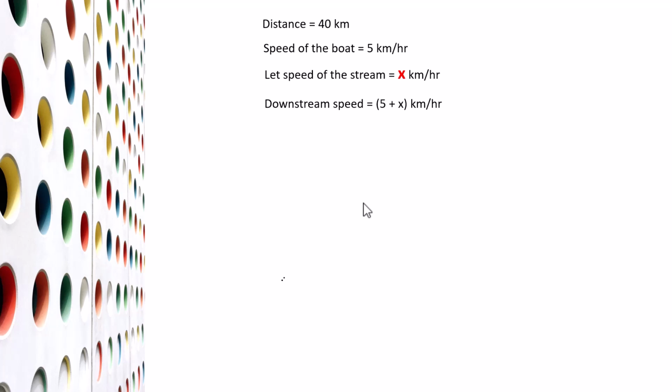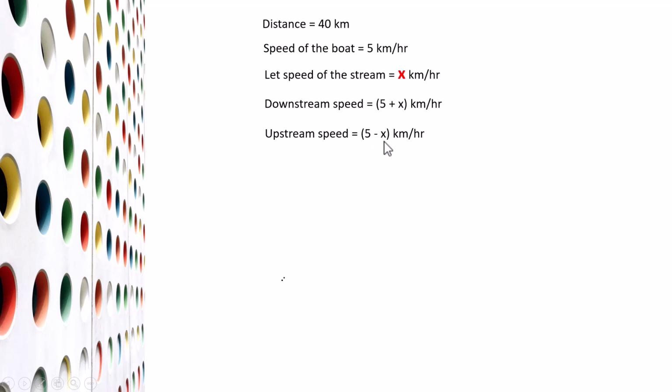Similarly, the upstream speed would be the speed of the boat, 5 kilometers per hour, minus the speed of the stream, so it would be 5 minus x kilometers per hour. So downstream speed is 5 plus x and upstream speed is 5 minus x. It is not x minus 5, it is 5 minus x.